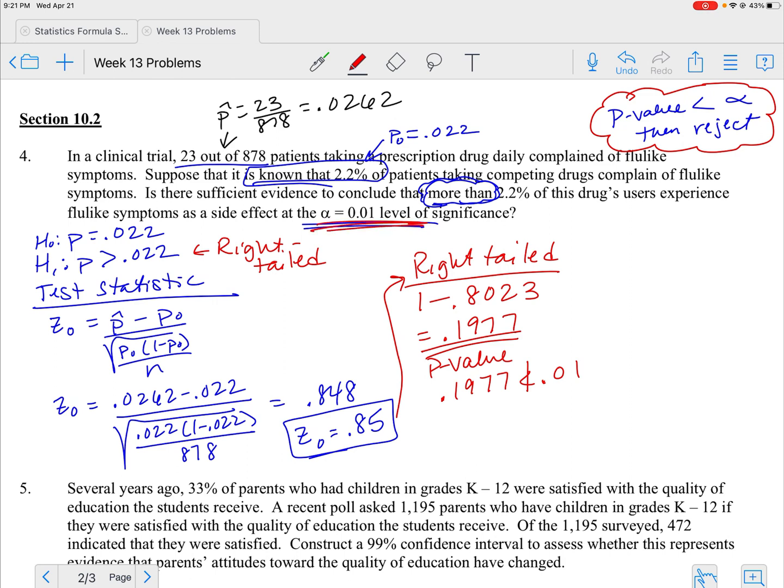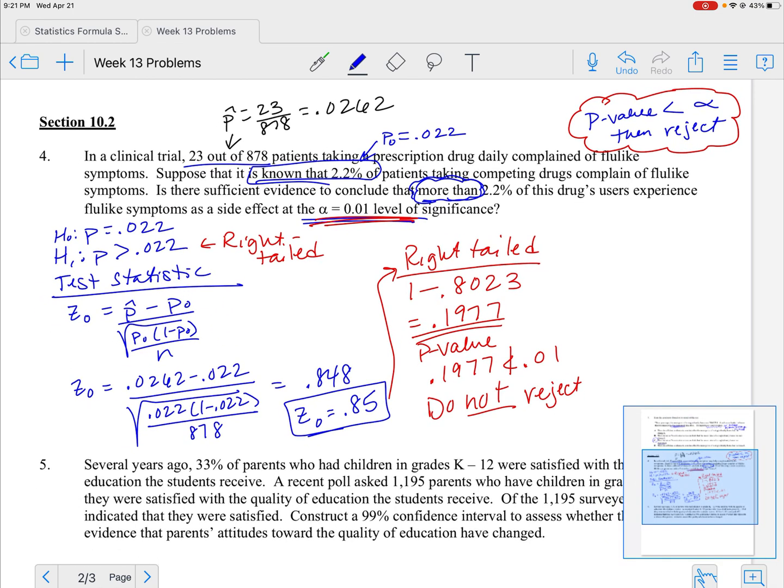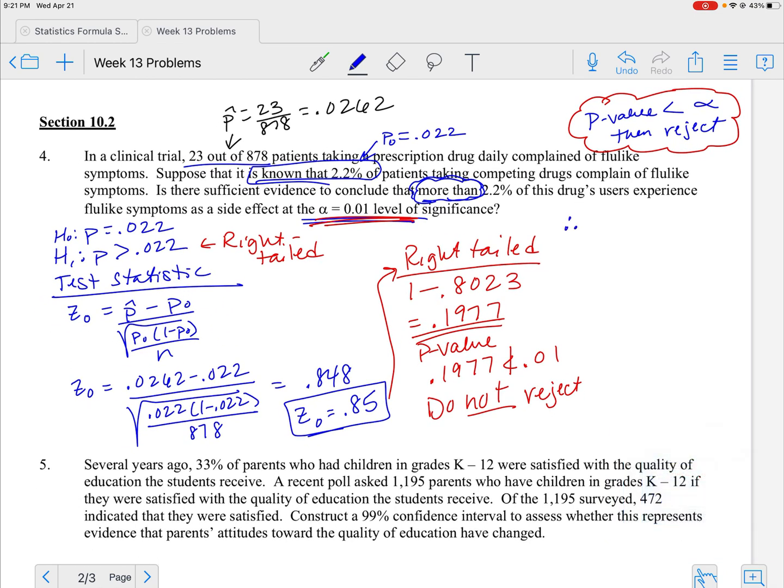Right there, my level of significance. That's where I got that 0.01 from. Then we do not reject. I am not rejecting. I don't have enough evidence to change my mind. That's what's happening. What we started with, what is known, stays. That's what all of that means. What is known stays.